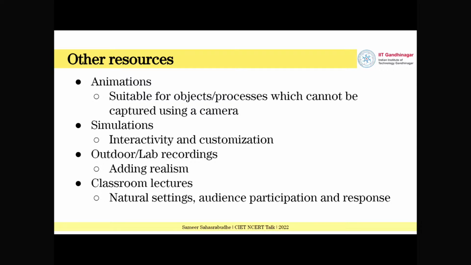But first and foremost, I would like to tell you that whenever you are going to create an animation resource, please remember that it should pass this particular criterion: the objects or things that you are going to show are not possible to be captured by the camera. That's the first thing to remember.